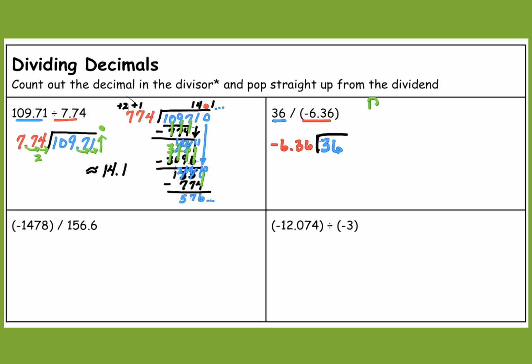Remember, for this problem, a positive divided by a negative gives us a negative answer. Let's start by looking at the divisor and noticing that there are 2 decimal spaces that we'll need to move out. 1, 2. So because we moved them out of the divisor, we have to move them out of the dividend.